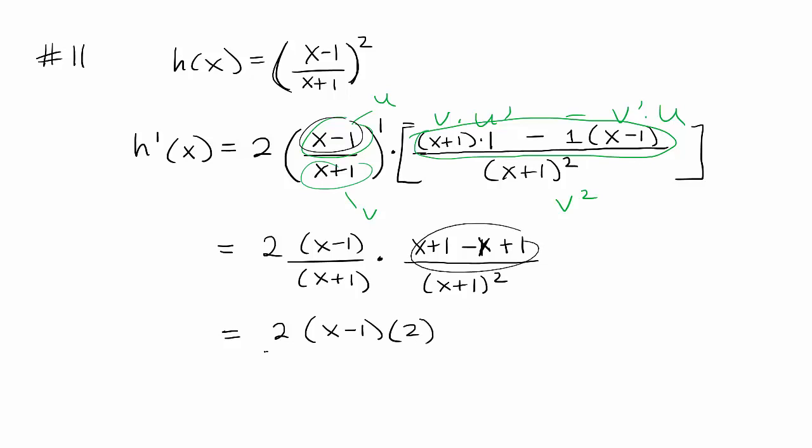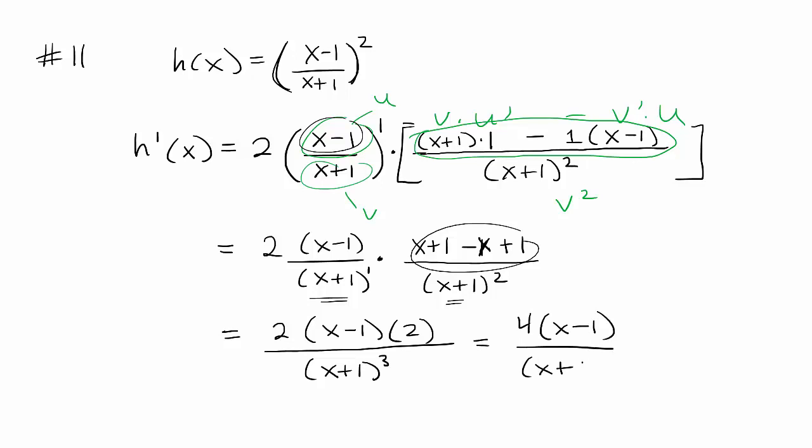The x's cancel. And then we have x plus 1 cubed in the denominator now, right? Because I had 1 factor over here, 2 over here. And I'm just going to put the 2's together, right? That's a 4. And if you want, you can also distribute that 4 through if you wanted to. I'm just going to leave it like that. So that's the derivative.